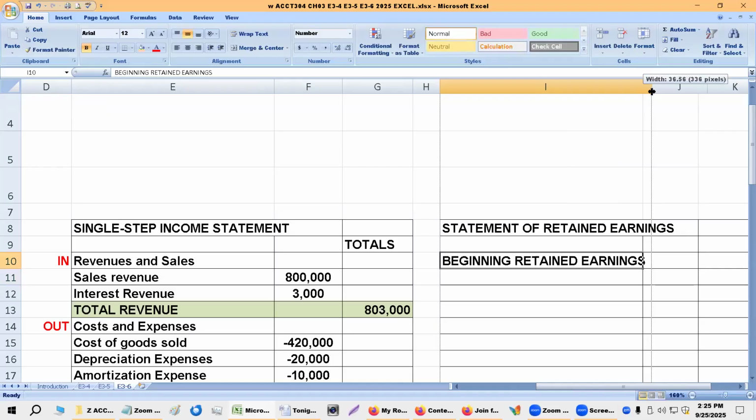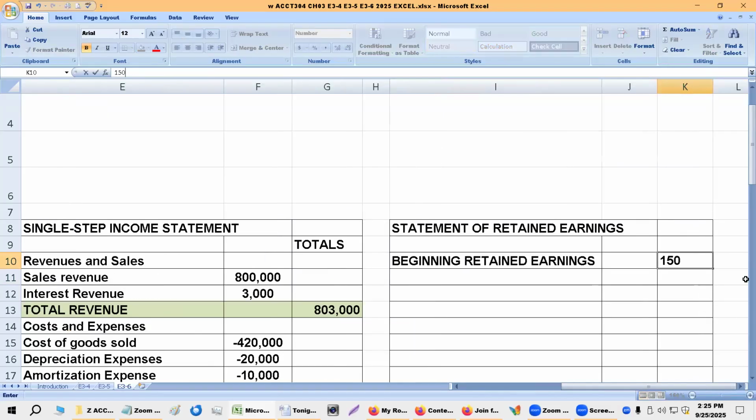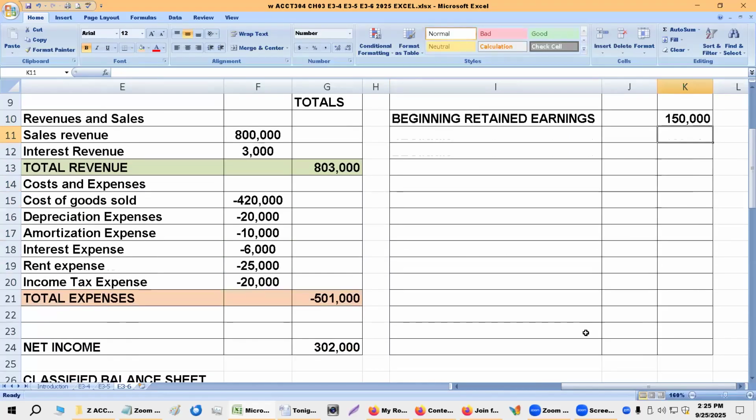Retained earnings. $50,000. We add in our net income, the correct net income, not the income I had, the correct net income.